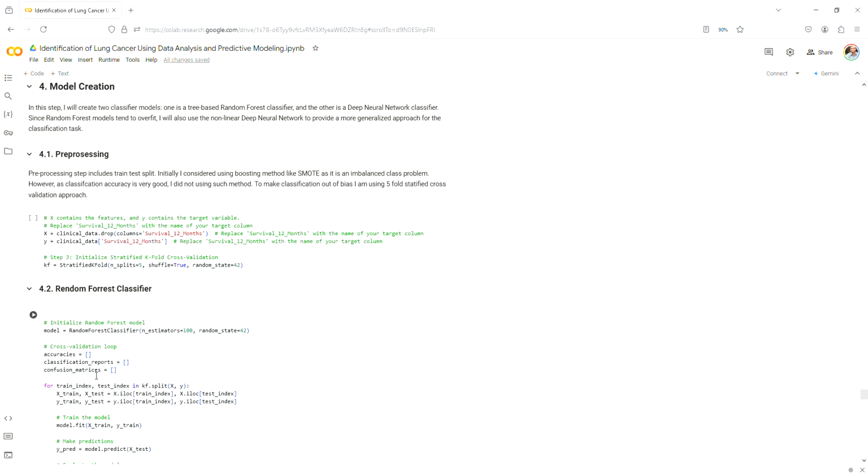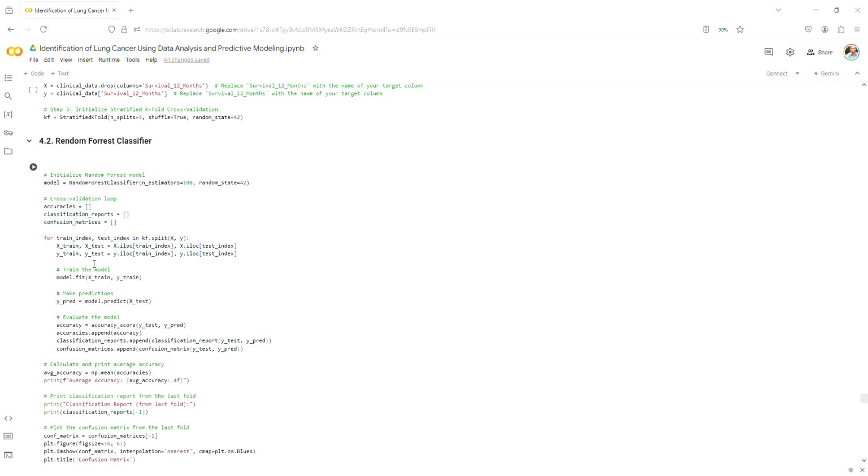I used stratified k-fold cross-validation to ensure that the samples are equally distributed in the folds. Then I also considered oversampling like SMOTE and others, but I thought if the classification is good, do not go there. It would be overkill. So I just kept the k-fold cross-validation for safety.